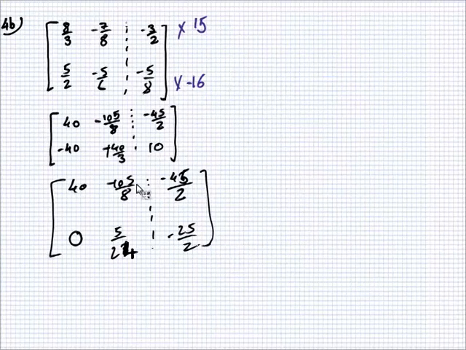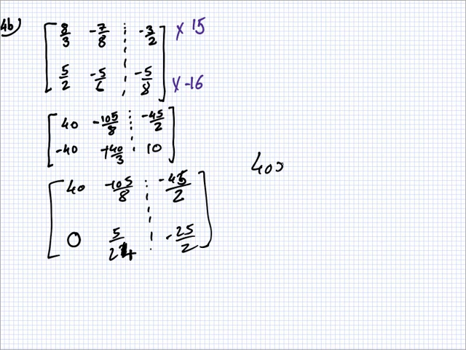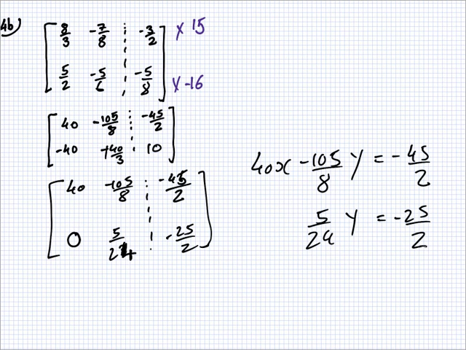Because what we can say now is 40x minus 105 over 8y equals minus 45 over 2. And here we can say 5 over 24y equals minus 25 over 2. So I've got y now from this.